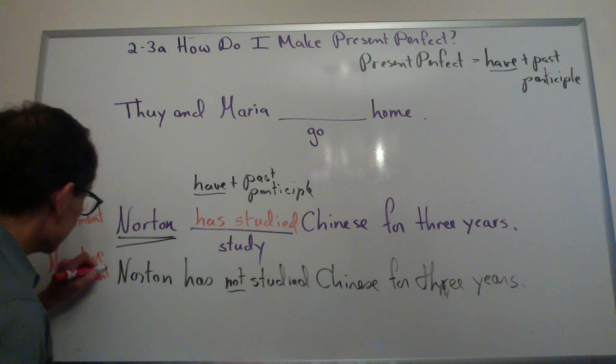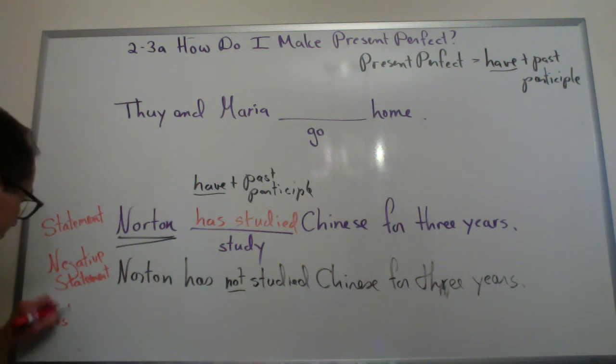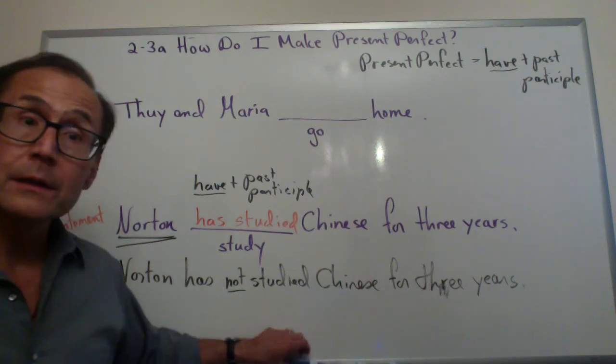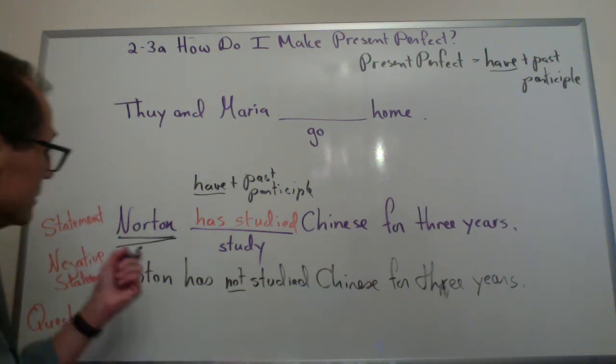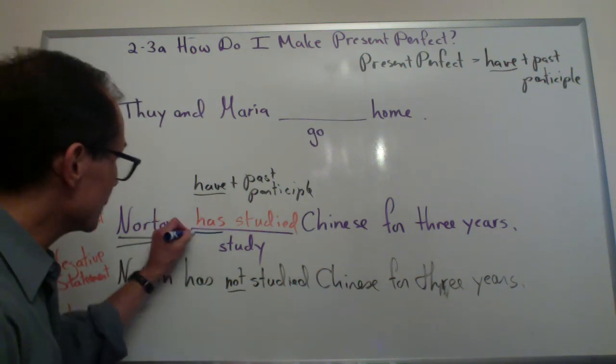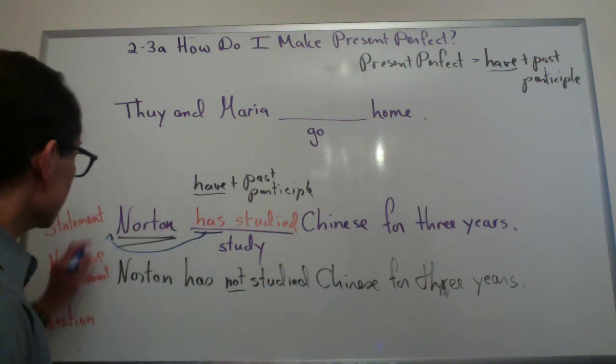And then the last kind of sentence that we're going to talk about is a question. How do I make a question in present perfect? Very easy. I just take the first word of the verb, has, and I move it to the front. Okay?